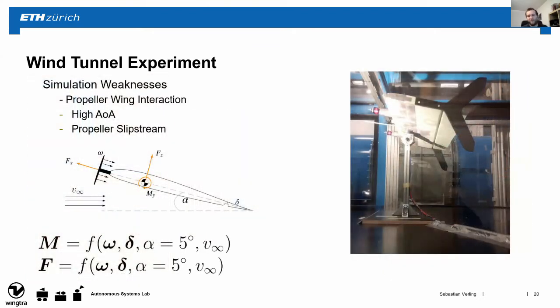Then one simplification that we made to make everything a bit less complicated is that we assumed for now that the angle of attack always corresponds to the nominal angle of attack of 5 degrees. We said that this is good enough for regular operations, and it did allow us to reduce the complexity quite a lot.